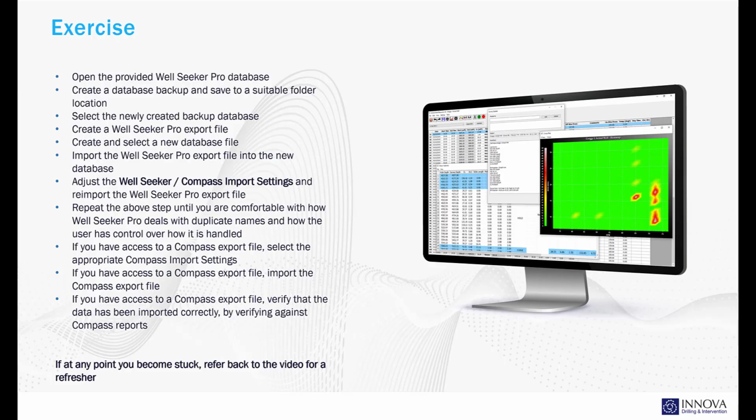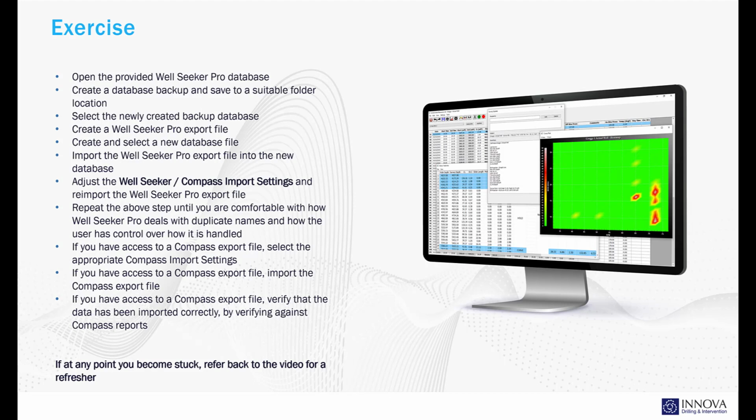We now reach the exercise phase of the training. First stage is open the provided WellSeeker Pro database. Once you've got it opened within WellSeeker Pro, create a database backup file and save to a suitable folder location. Once you've done that, select the newly created backup database within WellSeeker Pro so that you are now utilizing that backup database.